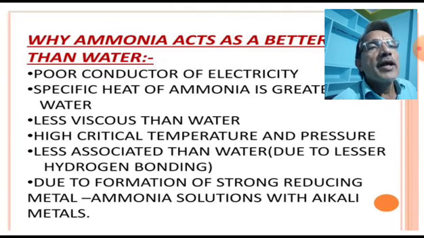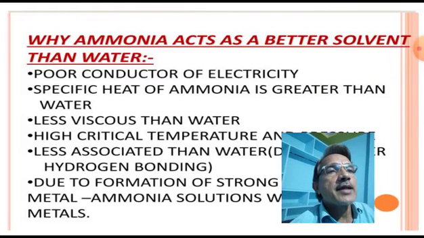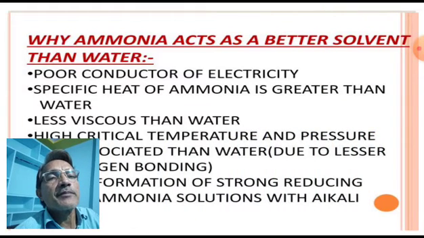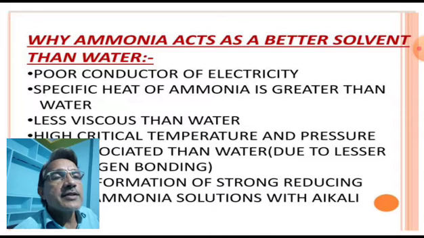Now, why does ammonia act as a better solvent than water? Due to the following reasons, ammonia acts as a better solvent than water. First reason: ammonia is a poor conductor of electricity.